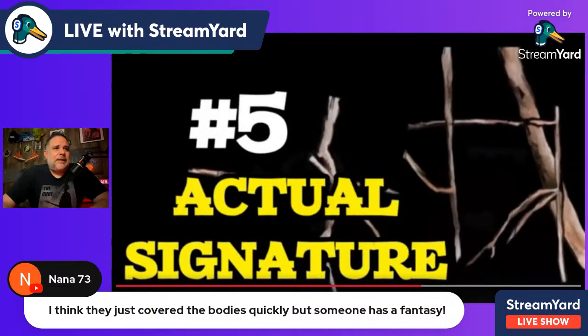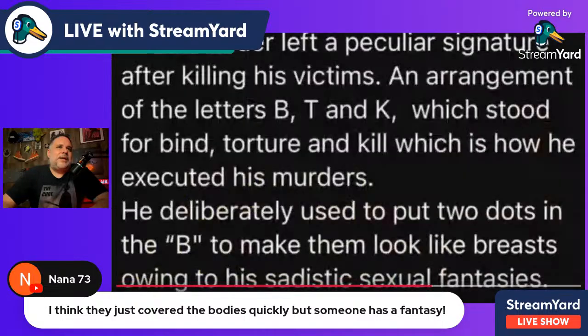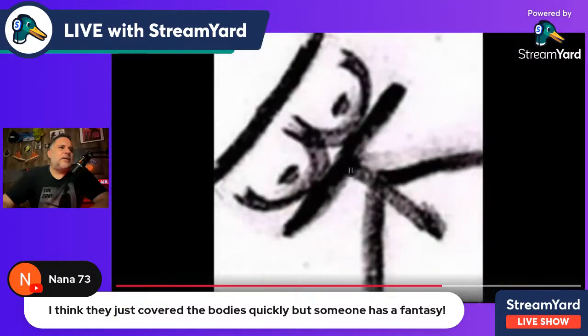What if that arrangement of sticks was an actual signature? What I mean by that is an actual name that the killer was trying to form on the bodies. And let's remember BTK here. One of his signatures was actually his alias, B, T and K. B by binding, T by torture, and K by killing.